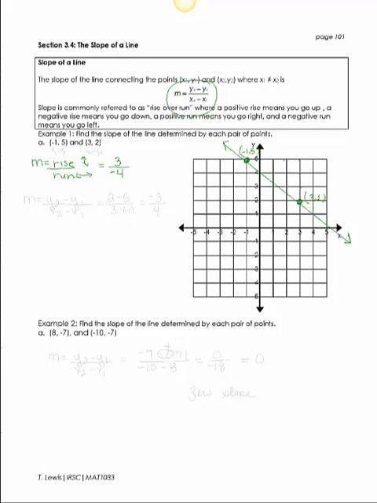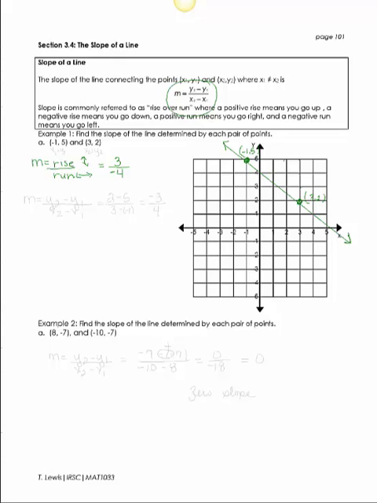Our rise, since we're going down, will be negative. And then our run is going to be positive because we're running 4 spaces to the right. And running to the right means we're going in the positive direction. So our slope is the same no matter which point we start from.